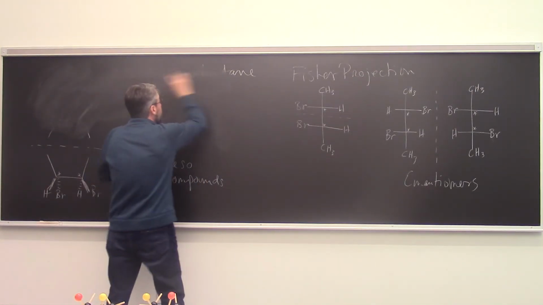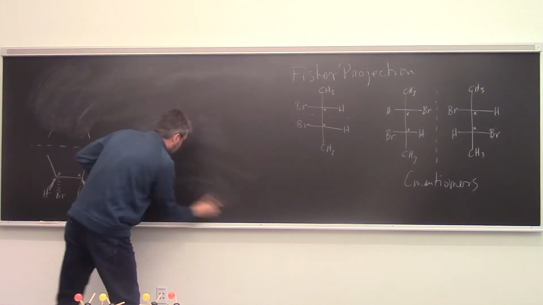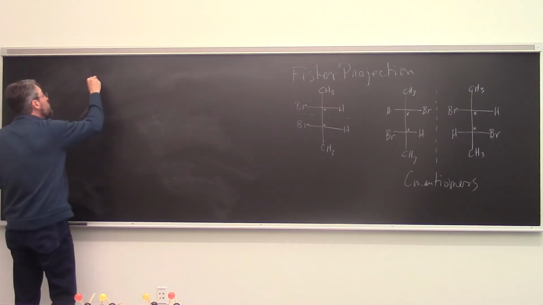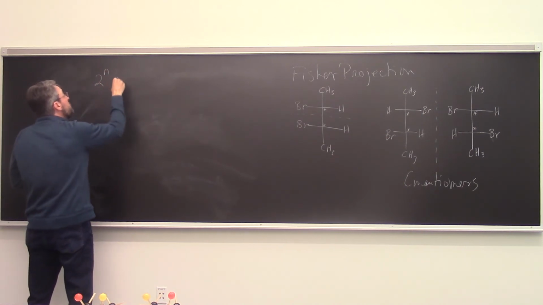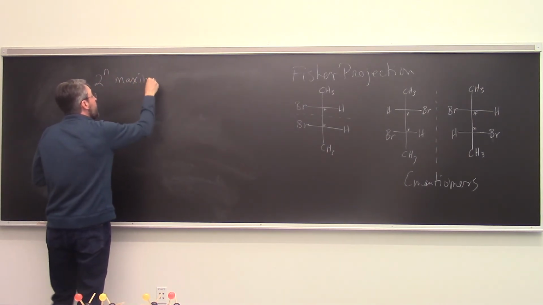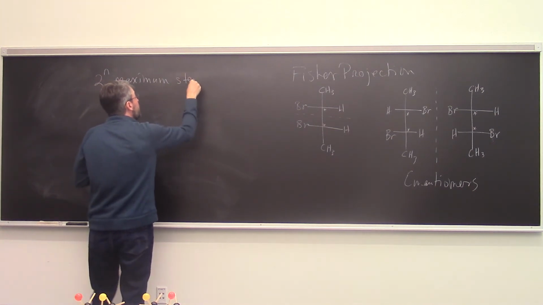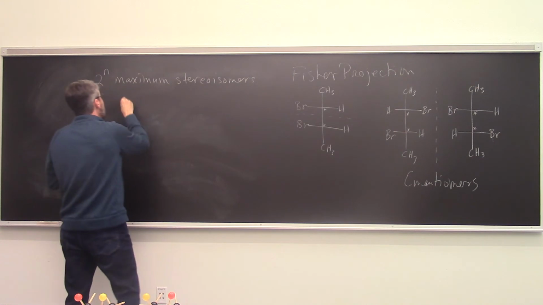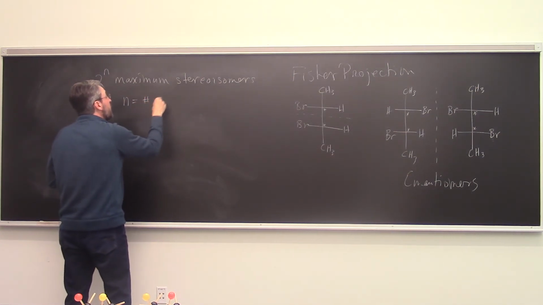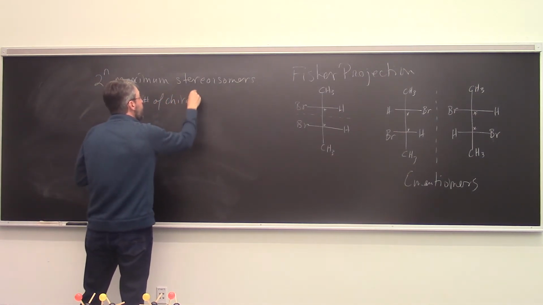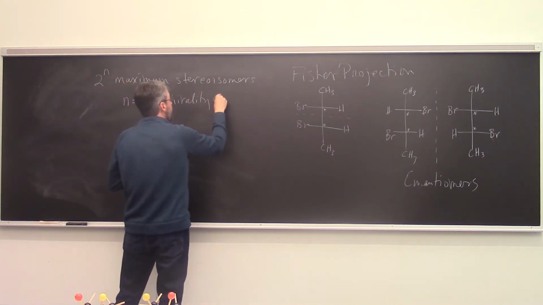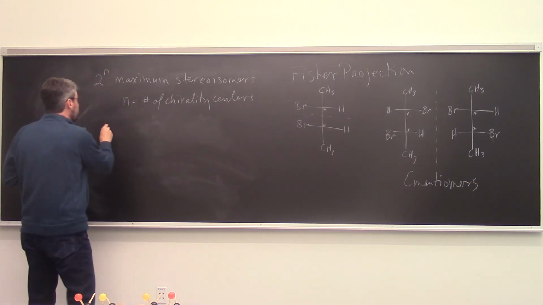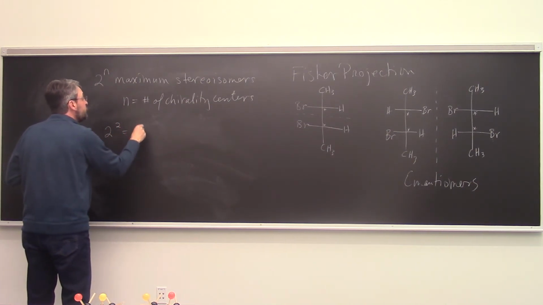It's a very simple formula: it is 2 to the n maximum stereoisomers, where n is the number of chirality centers. So this molecule has 2 chirality centers, so 2 squared is 4.